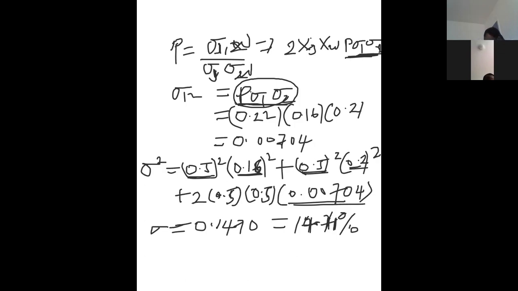Okay. So the next one that we are looking at is B: if the correlation between Johnson & Johnson and Walgreen increases or decreases, would the expected return of the portfolio rise or fall? So first, let's write the formula for expected return.